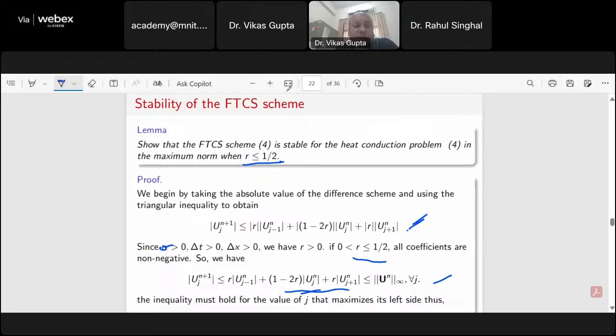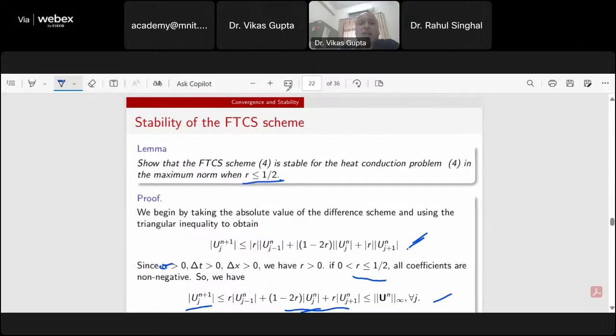Thus it means this inequality must hold for the value of j that maximizes its left hand side. Am I right? So it should be true for the maximum norm of vector u^(n+1). Am I right?